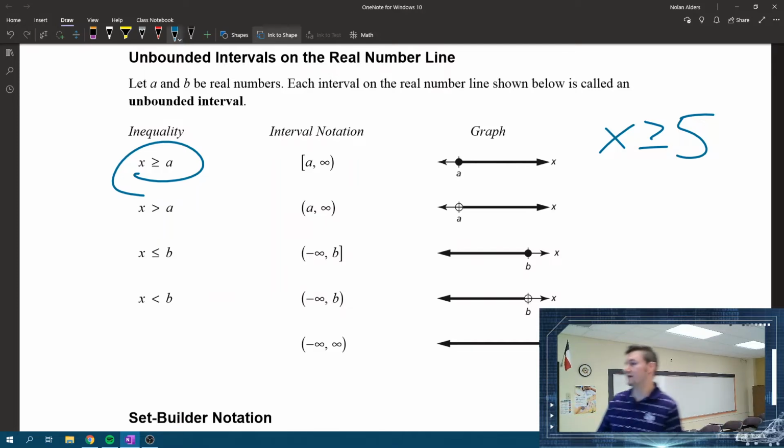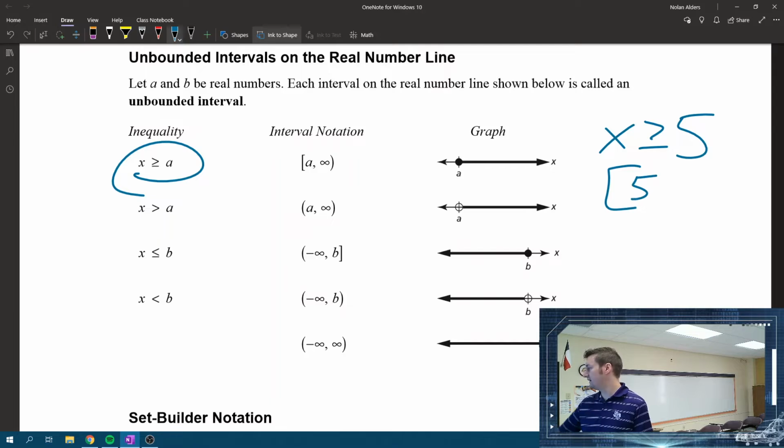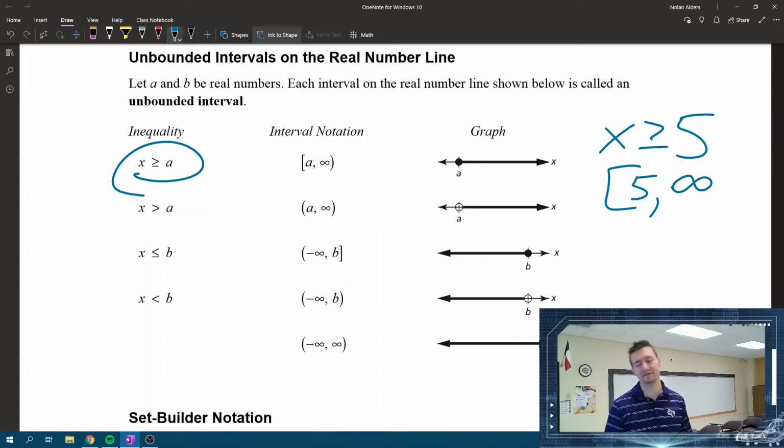So we could write that as an interval notation. So we would say it includes 5, and it goes all the way out to infinity because it's not bounded. Now, do we use a bracket or a parenthesis next to the infinity? Remember this, it's always a parenthesis.